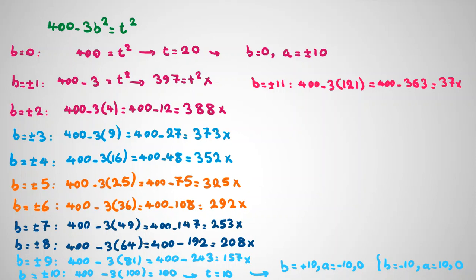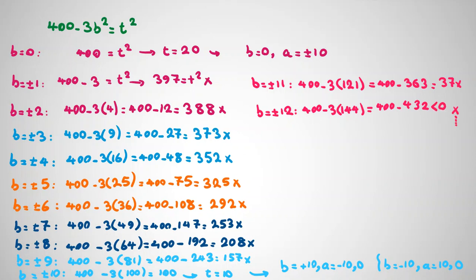It's not good. If b equal to plus minus 12, it will be 400 minus 3 times 144. Now it will be 400 minus 432. So it will be negative, and after this number, all of them are negative.